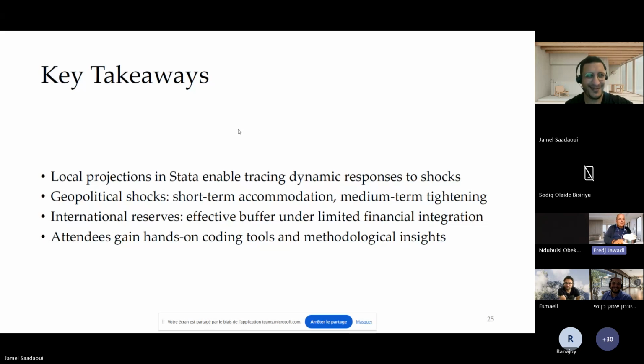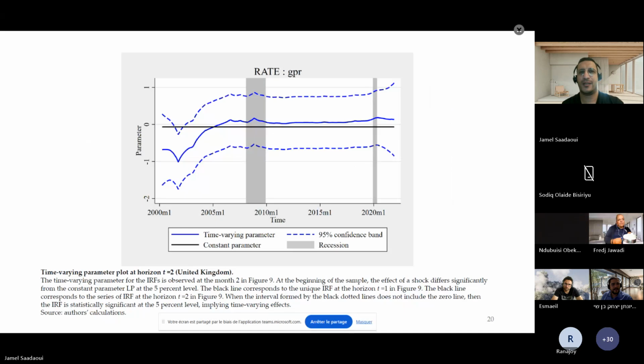My question is: do you recommend applying any test to see whether you have to apply constant local projection or time varying local projection? The test is here. If at any time horizon the dotted blue curve always includes the black line, you don't have parameter instability, and you can revert to constant local projection.